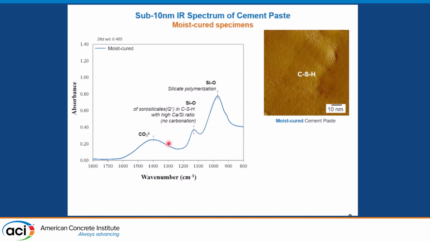And here we see the third peak at around 1400 wavelength, with the carbonate ions. It is a very weak peak with a broad range that usually appears due to the specimen being exposed to atmospheric air during the test.